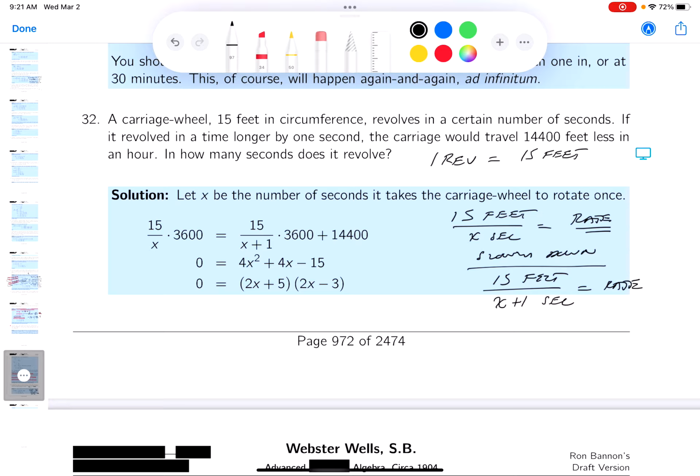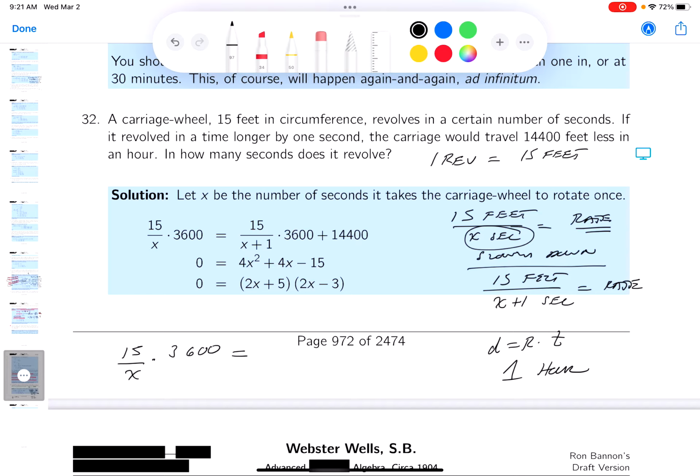if it was allowed to travel for an hour, it would be 1,440 feet less. So this is a distance equals rate times time. And they got a time of 1 hour. Well, I got to write this down now. So 15 over X, remember this, X is in seconds. So how many seconds are in an hour? 3,600 seconds.